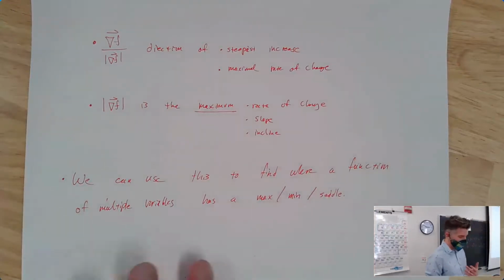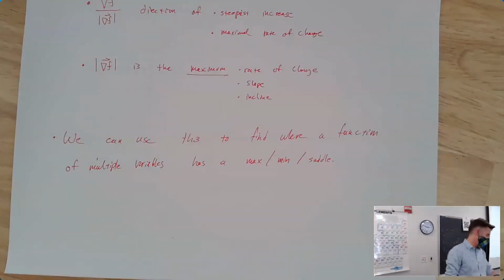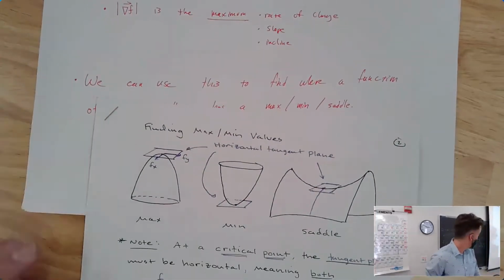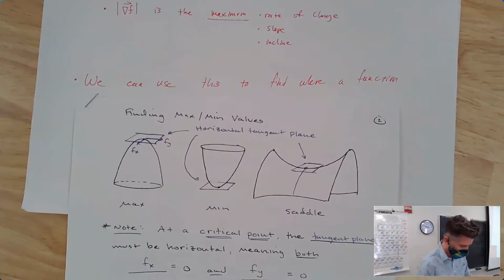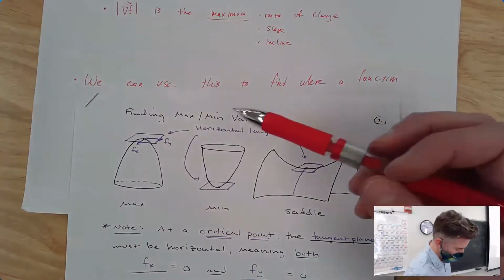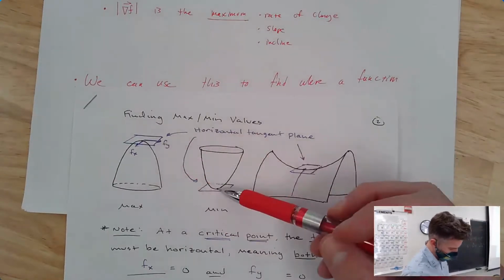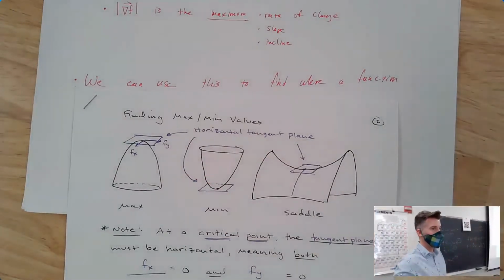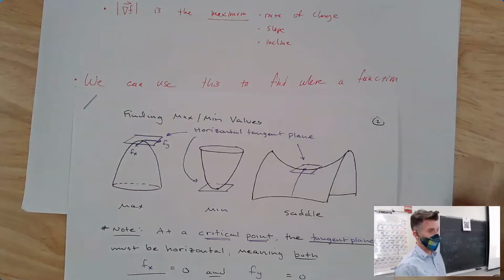So the thing to take away, and I shouldn't try and draw pictures when there are lovely pictures right here for me. The whole idea here is that whether we have a maximum, a minimum, or a saddle, at the point where you have a max or minimum, the tangent plane is parallel to the xy plane, or is horizontal if you want to use those words.